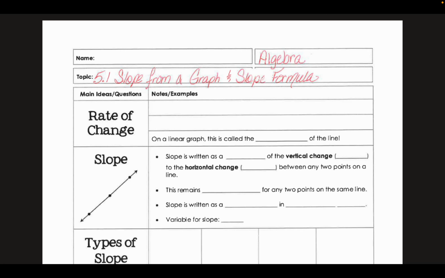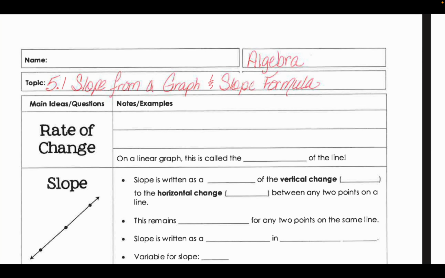So we're first going to talk about rate of change, and rate of change is going to be defined as a ratio that shows how one variable changes with respect to another.